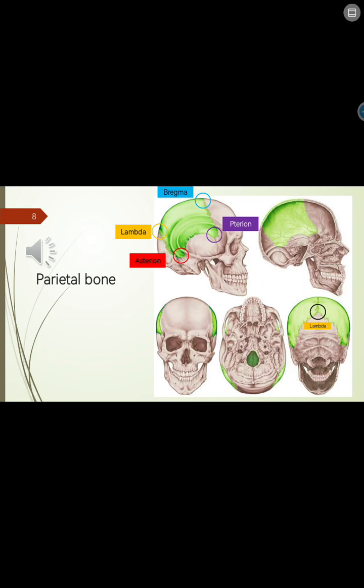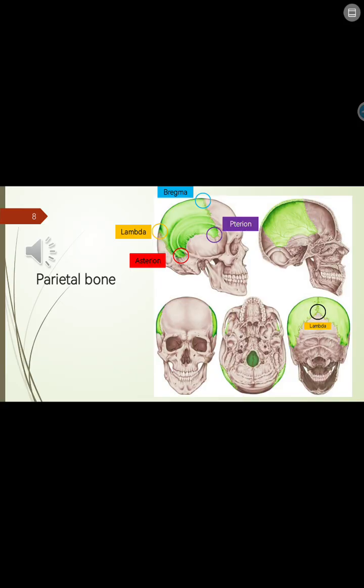In this slide, we can see the situation of the parietal bone, both parietal bones in the skull, and we can see four angles of this bone. The frontal angle, or anterosuperior angle, is at the bregma.